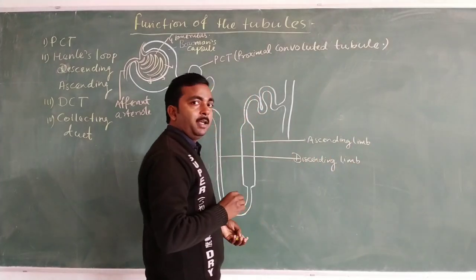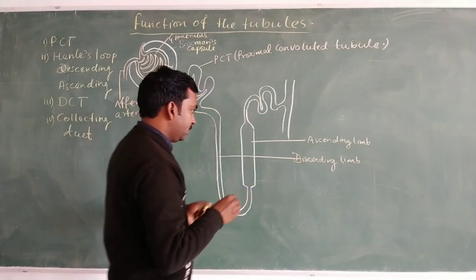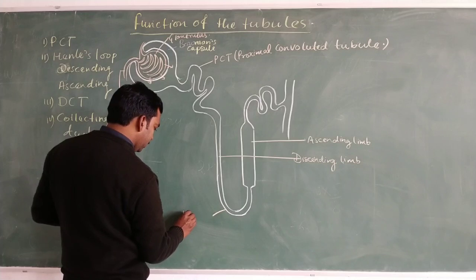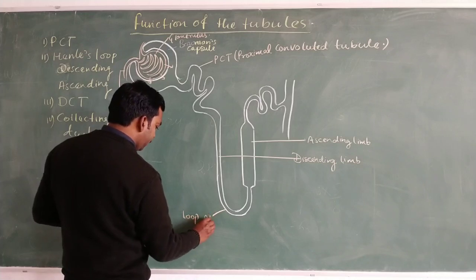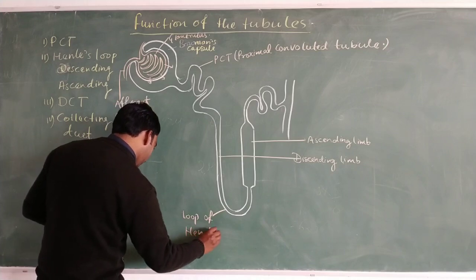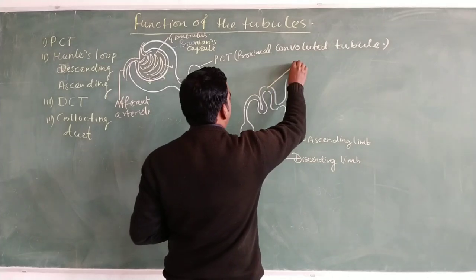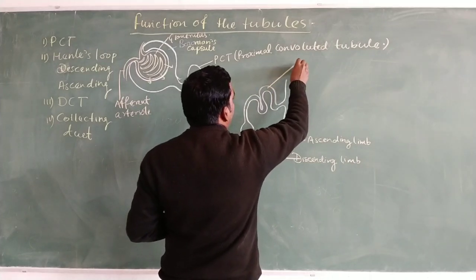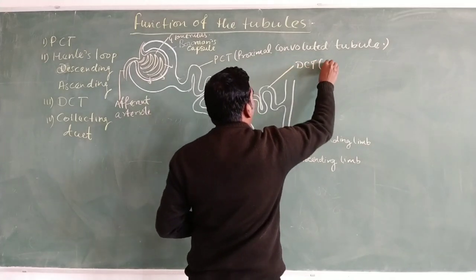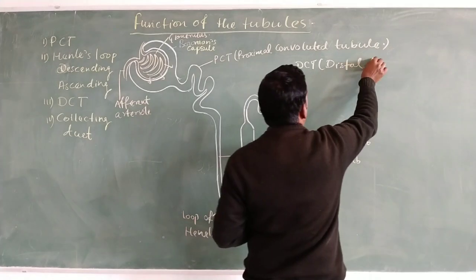So the descending and ascending limbs are the limbs of the loop of Henle. This is the loop of Henle. And the next part is the DCT, or distal convoluted tubule.